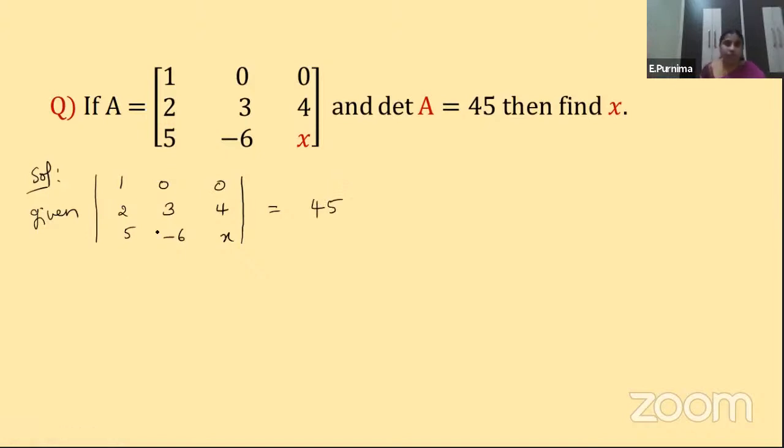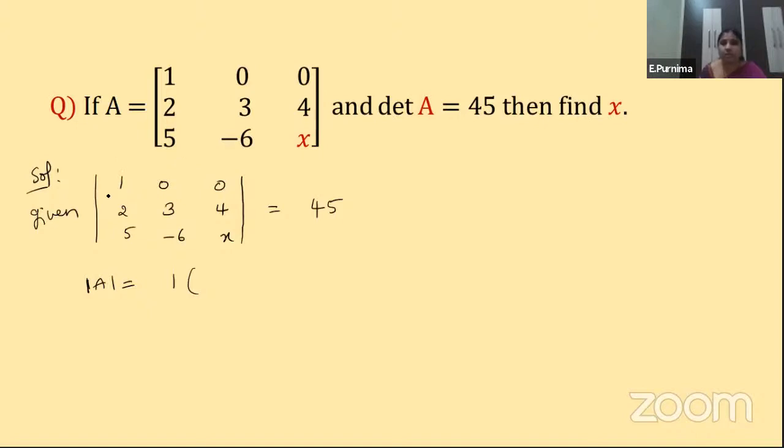Now let us try to find out the determinant. As I told you, I'm expanding the determinant along the first row. First row, that is 1 into the determinant: this row should be covered, this column should be covered. I'm not striking them out because it will become clumsy and you will get confused, so just understand the arrow.